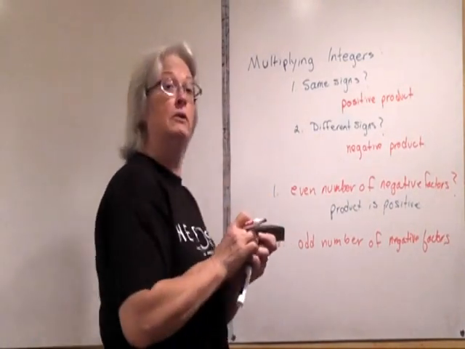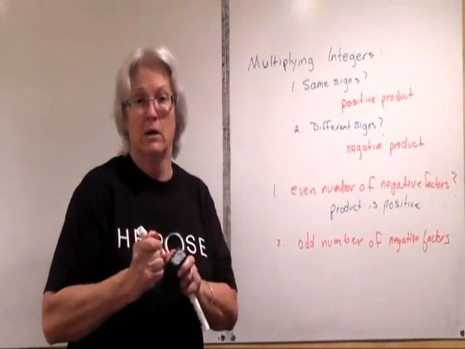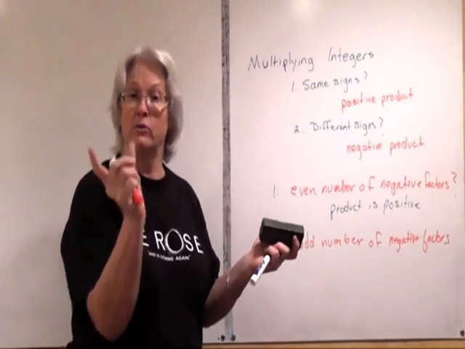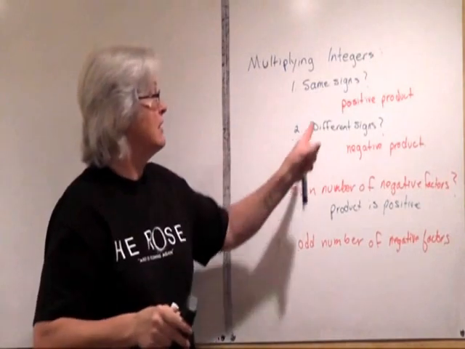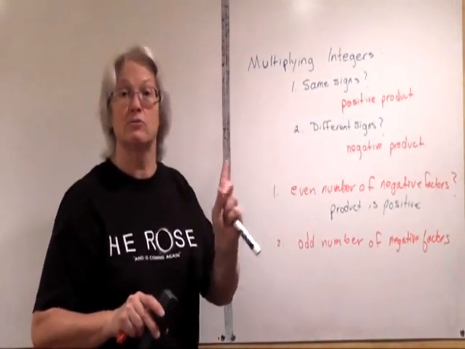If you have an odd number of negative factors, it has to be negative because they're going to pair up. Let's say you have three factors together, two of them pair, negative times negative becomes positive, but then you have a positive times a negative. You have an extra negative left over.